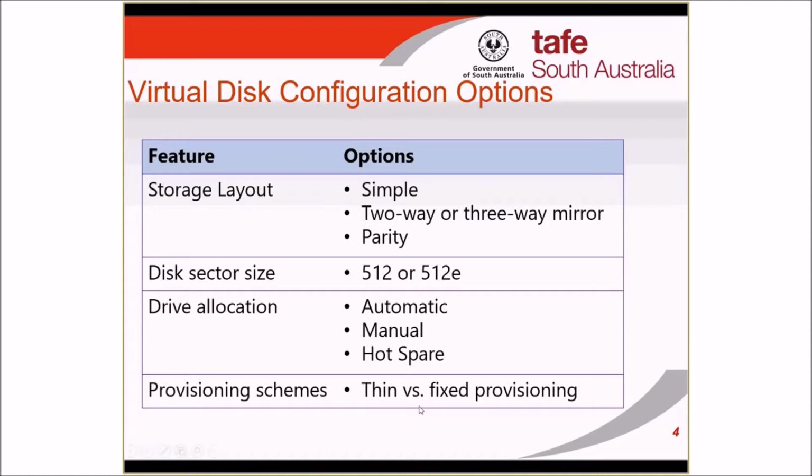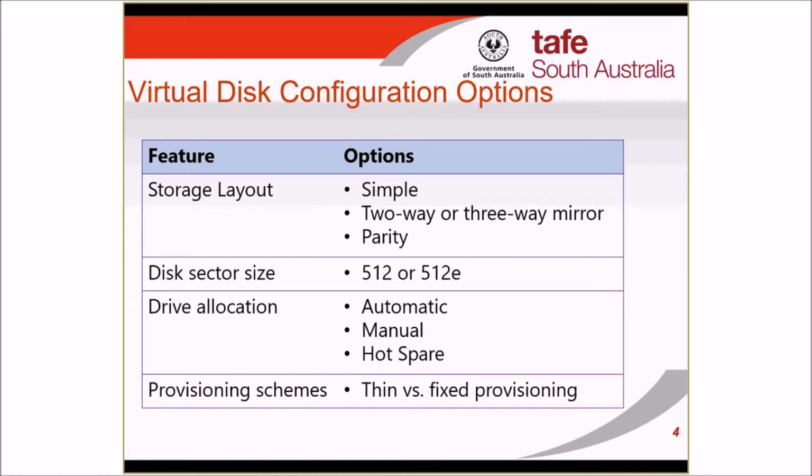And then there's the idea of the hot spare, which is a hard drive that's not actually being used right now. It's just sitting there as a spare drive. So if we had a parity layout, and one of the hard drives that was part of that parity layout fails, then it's no longer redundant, is it?